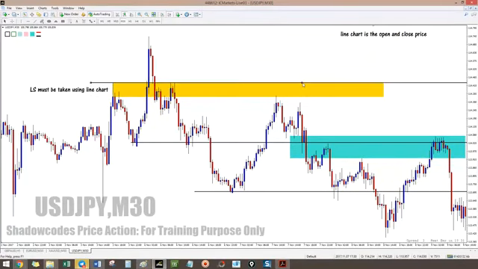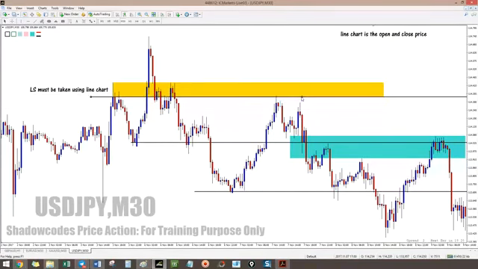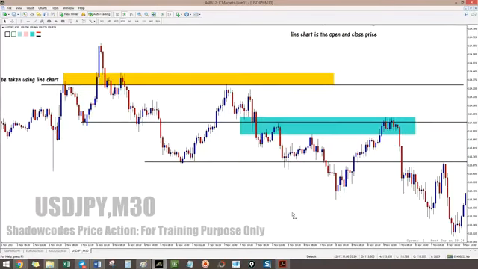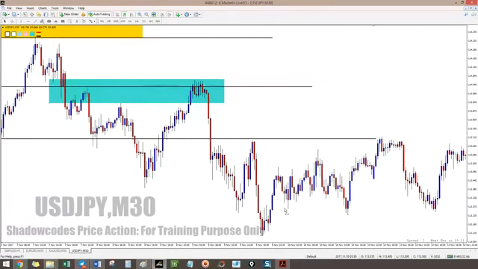But if you take this one, you will miss a really good setup. Sometimes when you use this, you might float a little. Let me find a setup that floats a little.